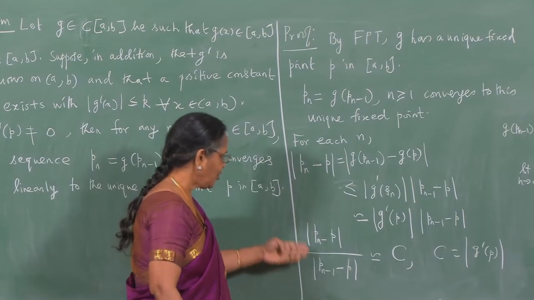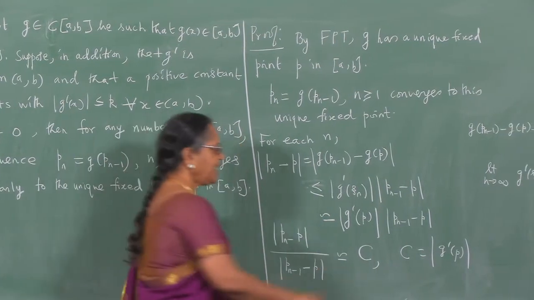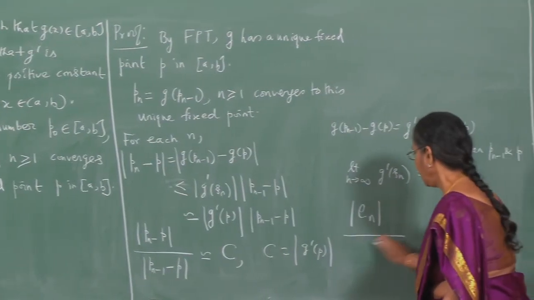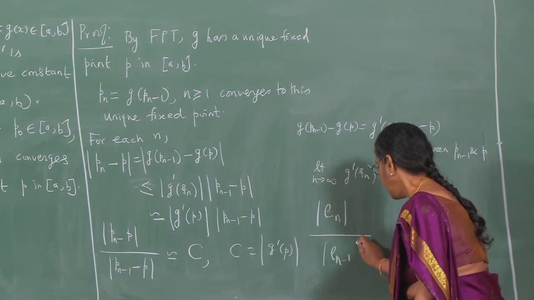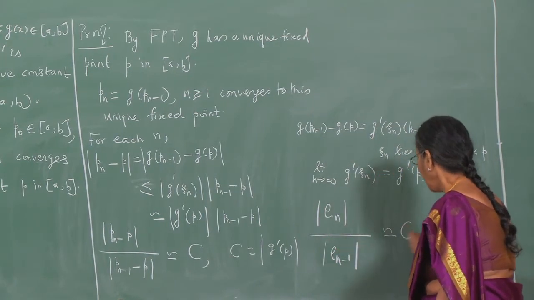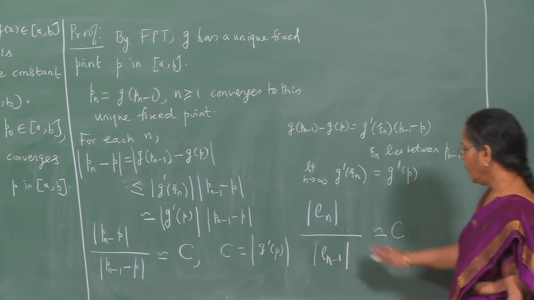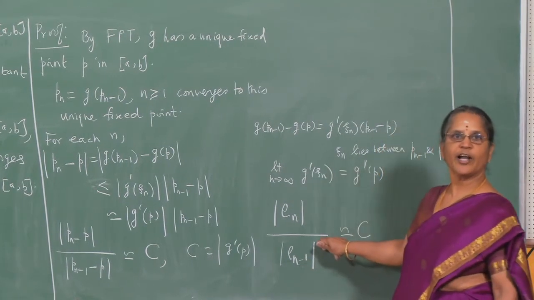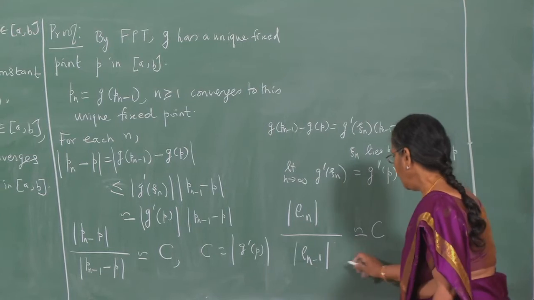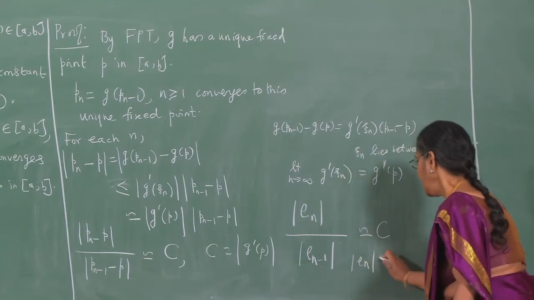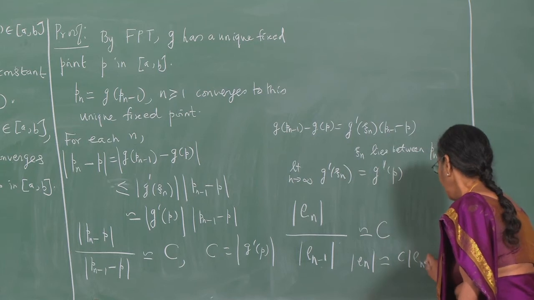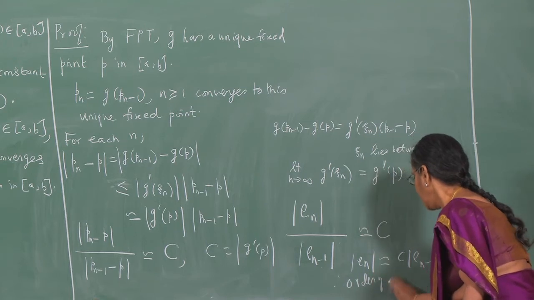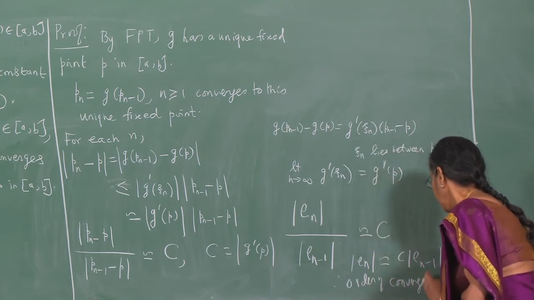Pn - P is the error at the nth step, so that divided by the error at the (n-1)th step is a constant C. By definition, the power to which this is raised gives you the order of convergence of the method. So, what we have shown is |En| = C |En-1|, and the order of convergence of this method is 1.